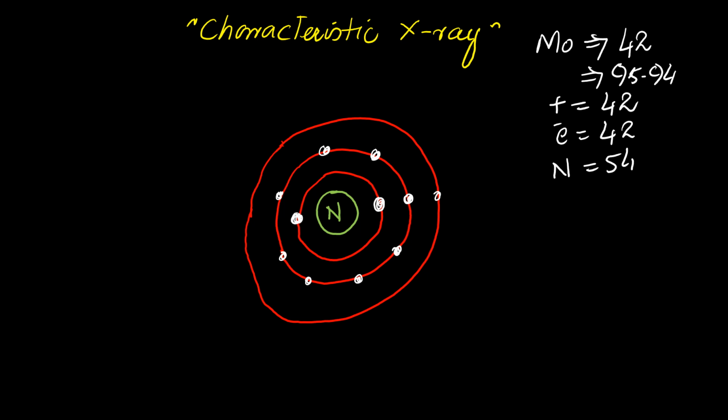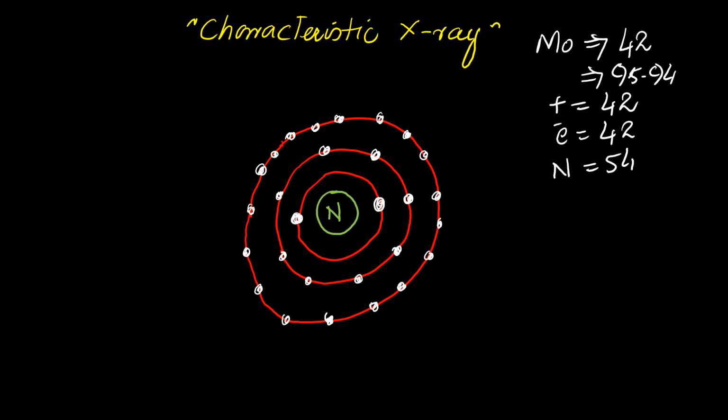So 1, 2, 3, 4, 5, 6, 7, 8, 9, 10, 11, 12, 13, 14, 15, 16, 17, and 18. So it has 18 electrons.